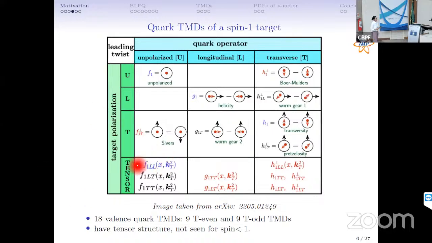This spin one system also has special distributions, the tensor distributions, which cannot be seen for spin half systems. So this is interesting to study.